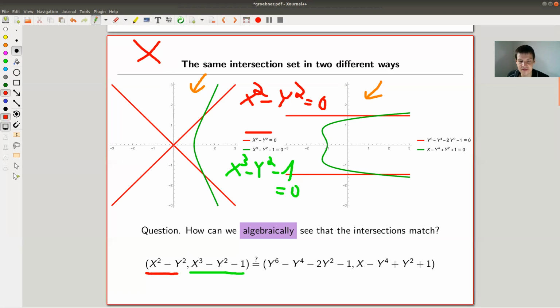The green one looks a bit like a parabola. It's not a parabola, it's cubic, but it looks a little bit like it. And then you also have this cross. As you can see, there are two intersections here and here. That's a classical problem, and that's the variety I'm looking at, and this intersection.